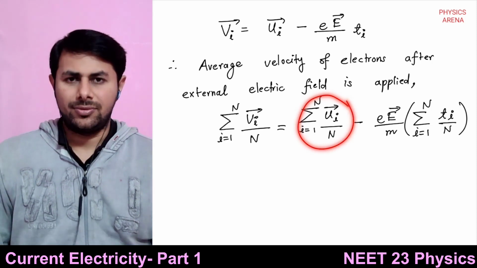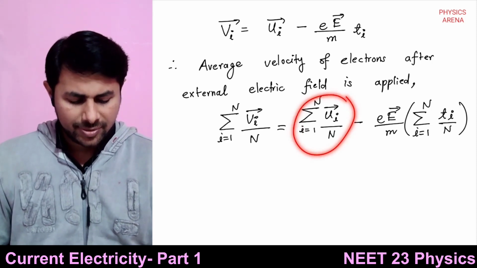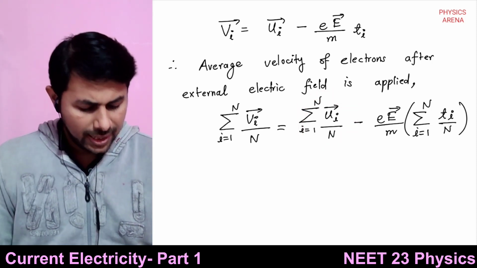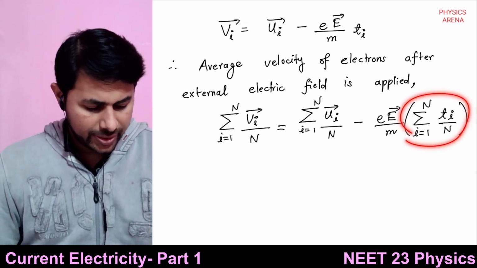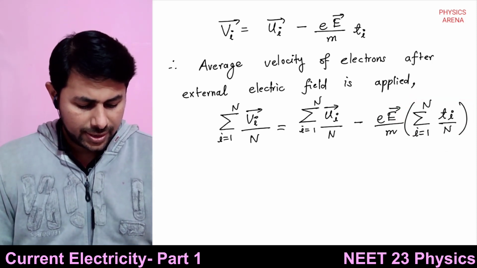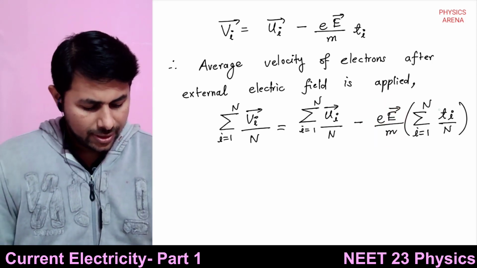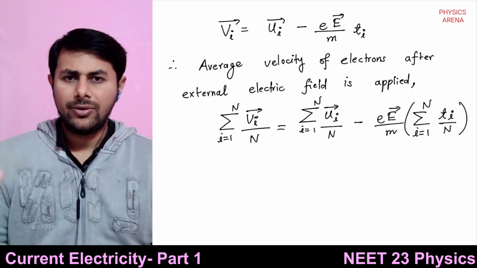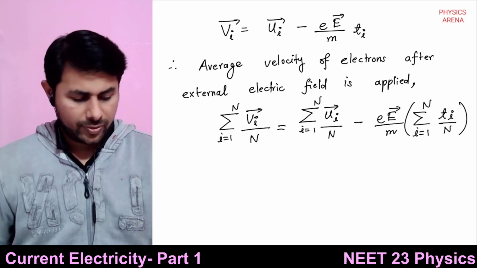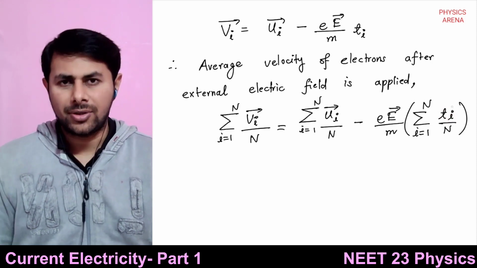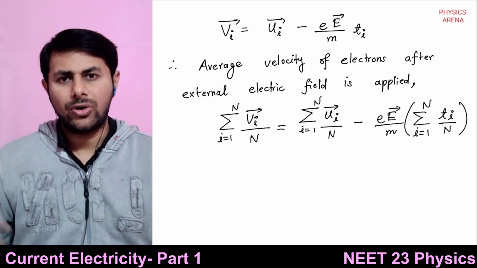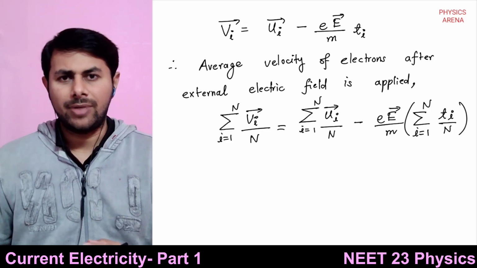So this term is zero, right? And what do we have here? Here it is e times E bar upon m, which is a constant, multiplied by the time since last collision for electron number 1, electron number 2, electron number 3, so on and so forth up to electron number n.